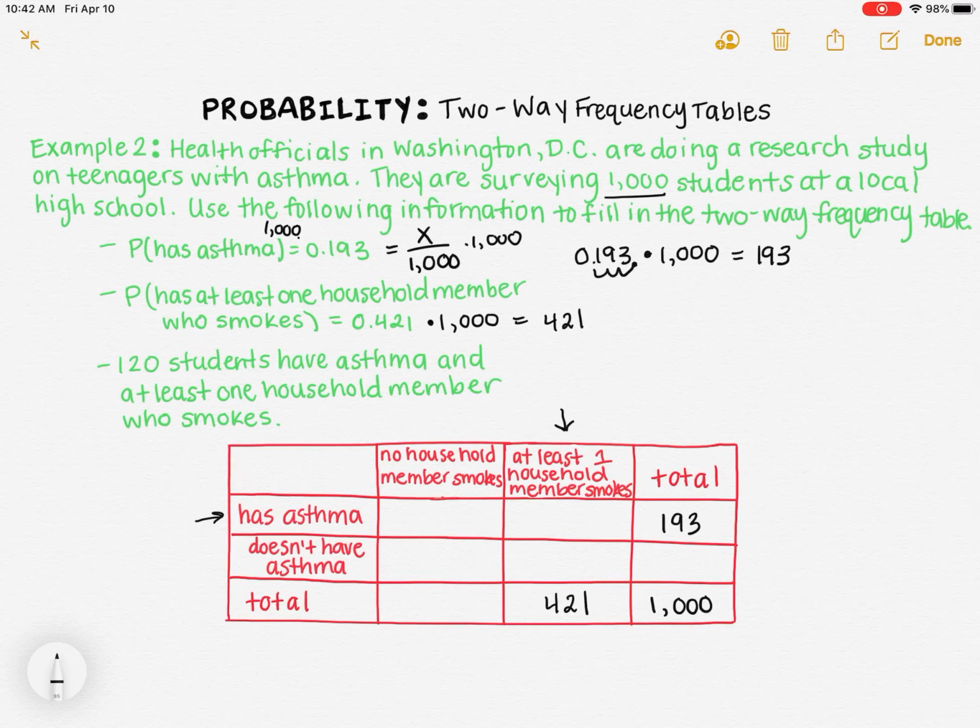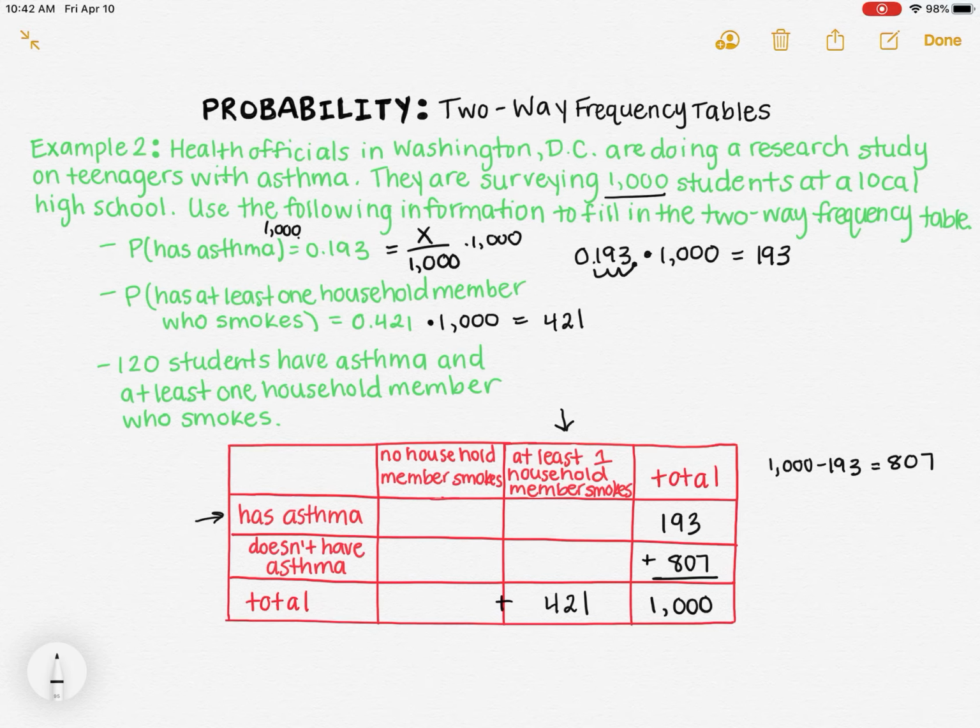All right. Now, I see that I can fill in some things based on what I just wrote. I can find the total that doesn't have asthma right here by subtracting 193 from 1,000. So 1,000 minus 193, that would give me 807. Okay.